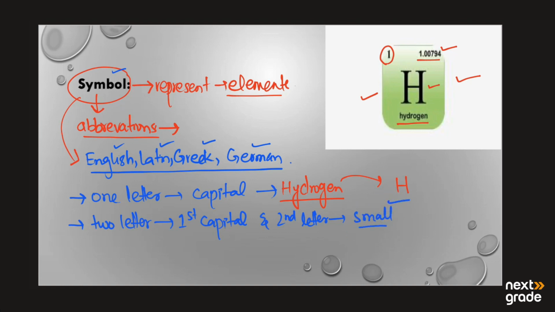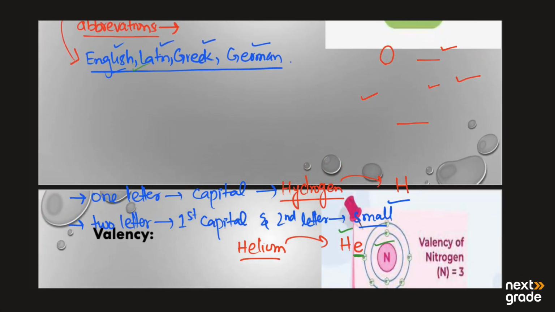Likewise, for helium, the symbol we use to denote it is He. Here the first letter is capital and the second letter is small. So basically, the symbols are simply abbreviations used for the representation of the elements.